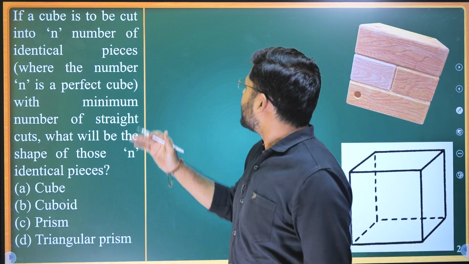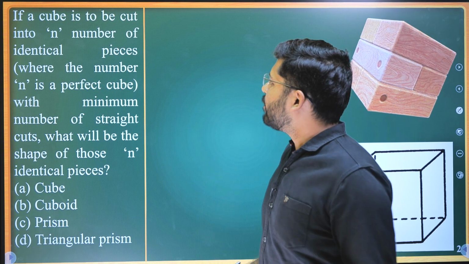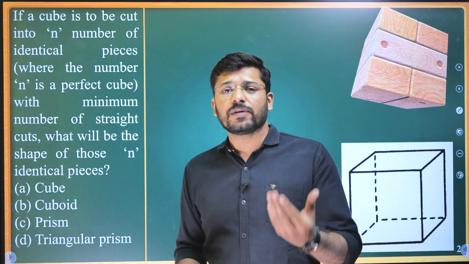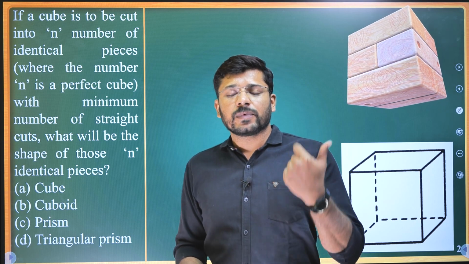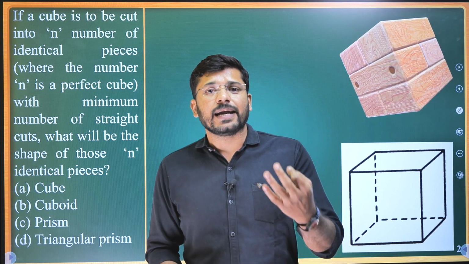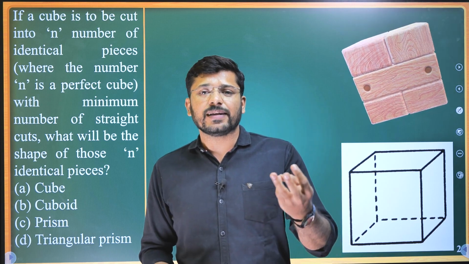If a cube is to be cut into n number of identical pieces where the number n is a perfect cube. What is a perfect cube? The numbers 1, 8, 27, 64, 125 are perfect cubes.